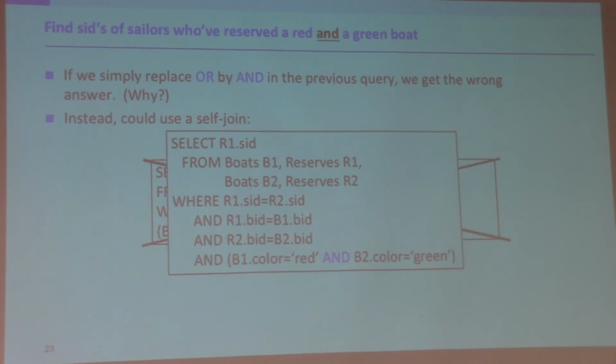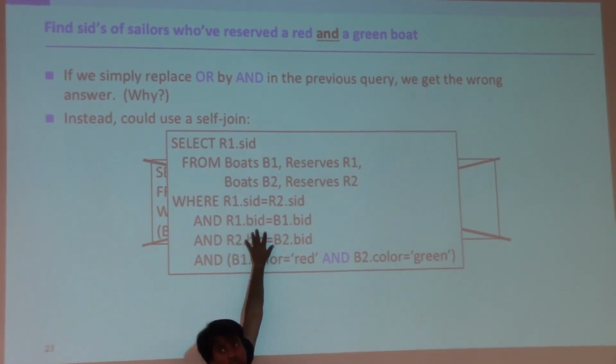Let's look at it this way: we have two copies of Boats and Reserves. So we have Boats 1, Reserves 1, Boats 2, Reserves 2. From one copy, I want to take out the green one, and from the other copy, I want to take out the red one, and then match their SID. So this part is used for the join, R1, B1, R2, B2.